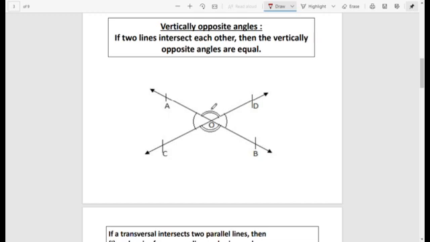Suppose this is angle 1 and this is angle 2. So these two angles are equal. Also this is angle 3 which will be equal to angle 4 as per this theorem.